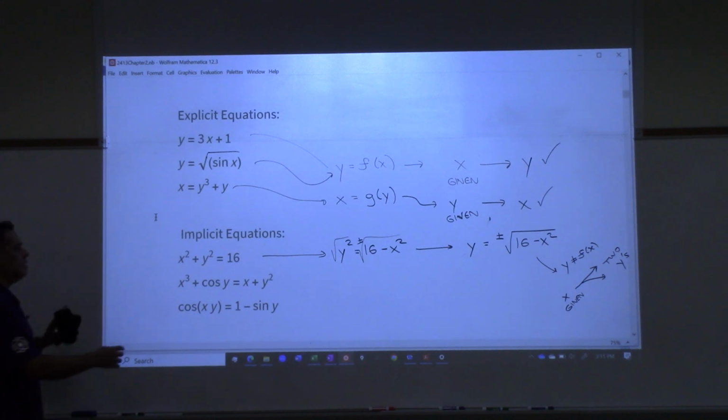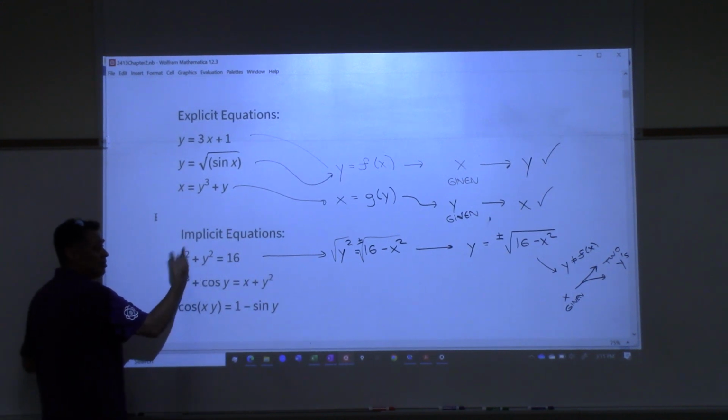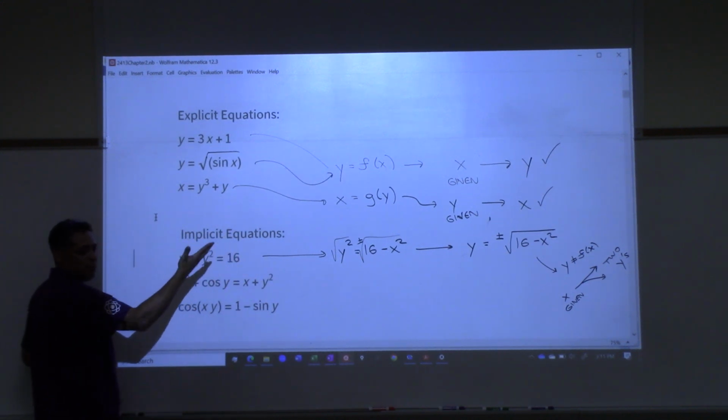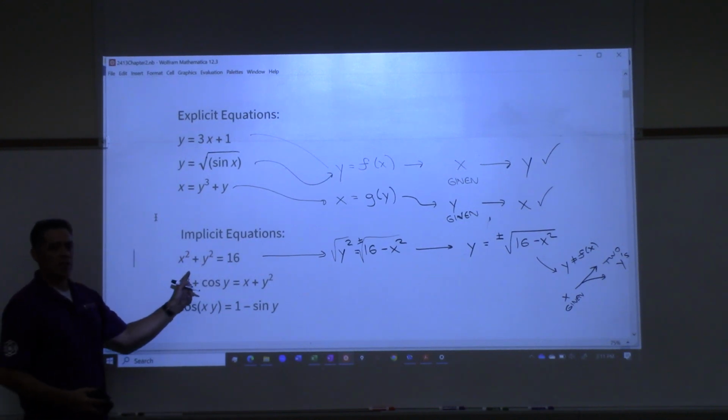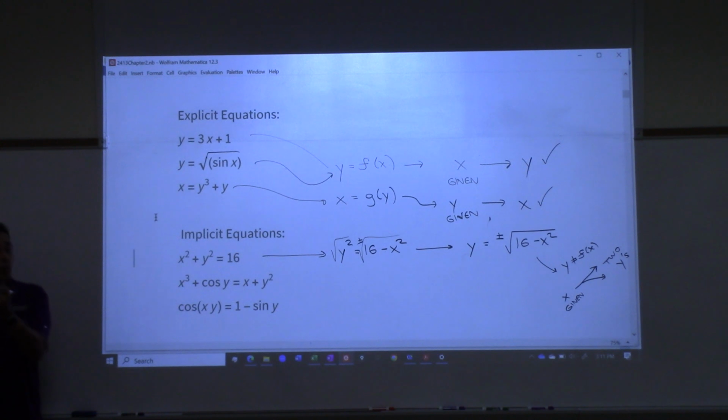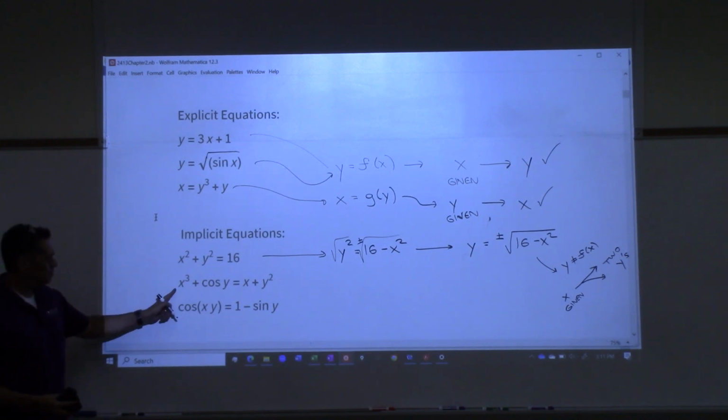And if you try and go the other way and solve for x, you'd run into the same problem because you'd wind up with a square root again. So that right there is not an explicit equation because you cannot easily get x or y by itself. How about this one? Very difficult to get x by itself or y by itself. Very hard to do.